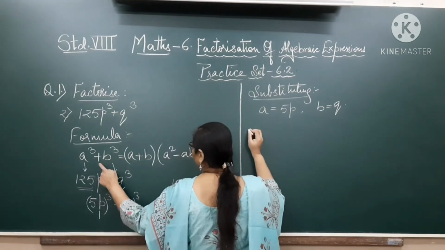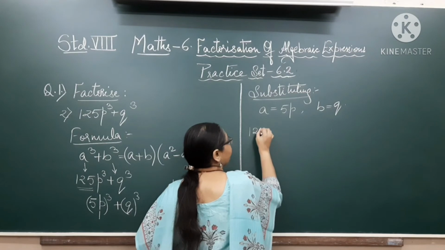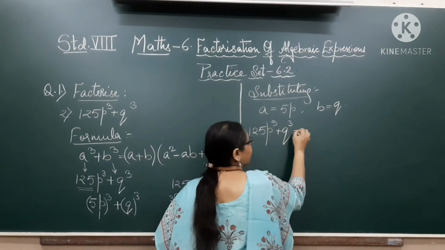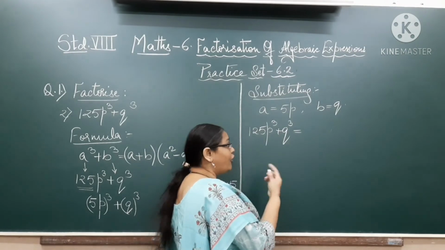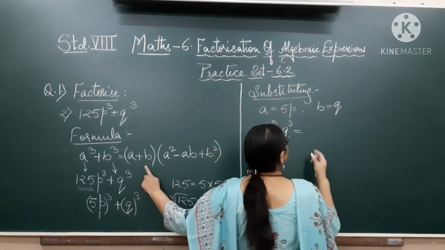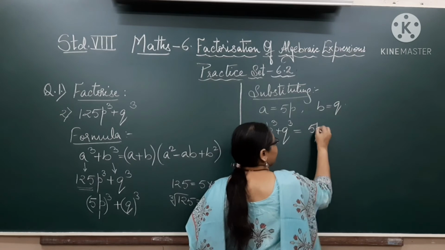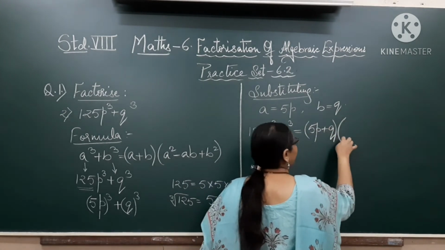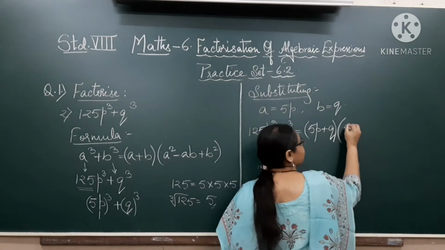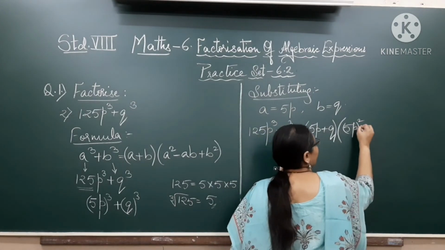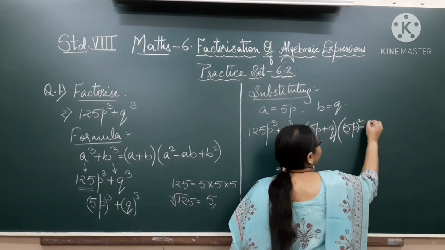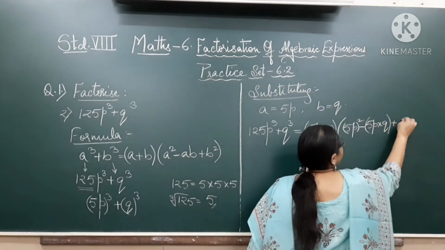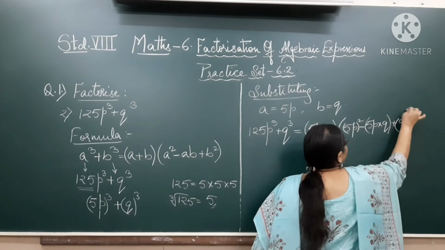So here 125p cube plus q cube can be represented in the given form: a plus b, here a is 5p plus b is q, into a square, 5p the whole square, minus 5p into q, plus q the whole square.